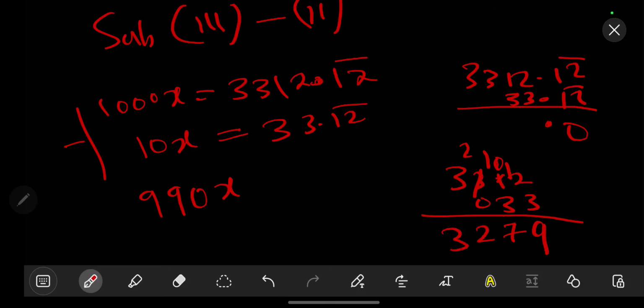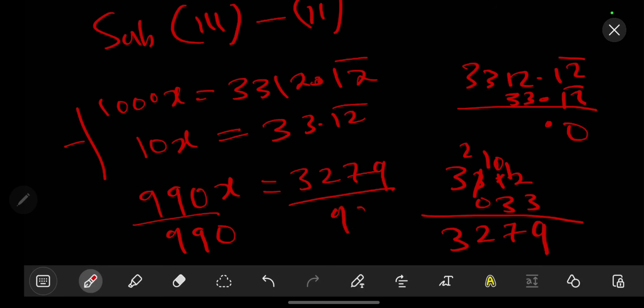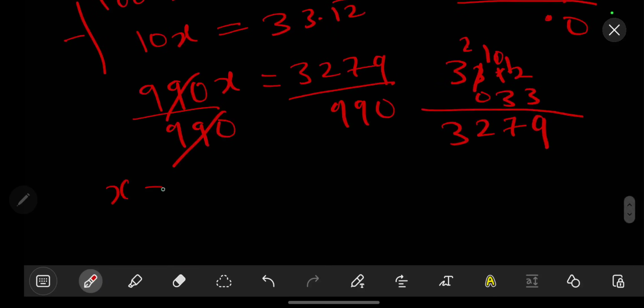Then we have a 3. So this is equal to 3279. Now we divide both sides by 990, so x is equal to 3279 over 990.